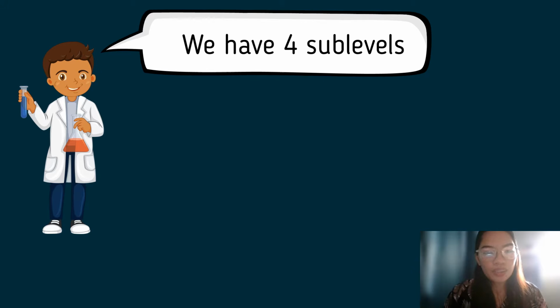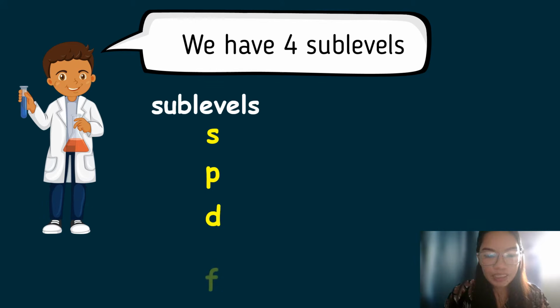Each energy level consists of one or more sub-levels. All in all, we have only 4 sub-levels: S, P, D, and F.